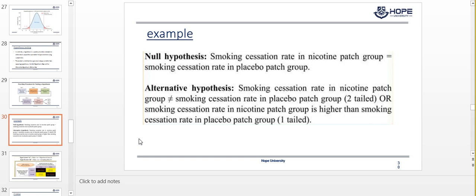You can sense it. I repeat it: smoking cessation rate in the nicotine patch group will not be equal, it should be an increase, or it could be a decrease. In the placebo patch group, it is either two-tail, increase upper tail, or decrease lower tail. Smoking cessation rate in the nicotine patch group is higher than in the placebo patch group, which is tail 1.